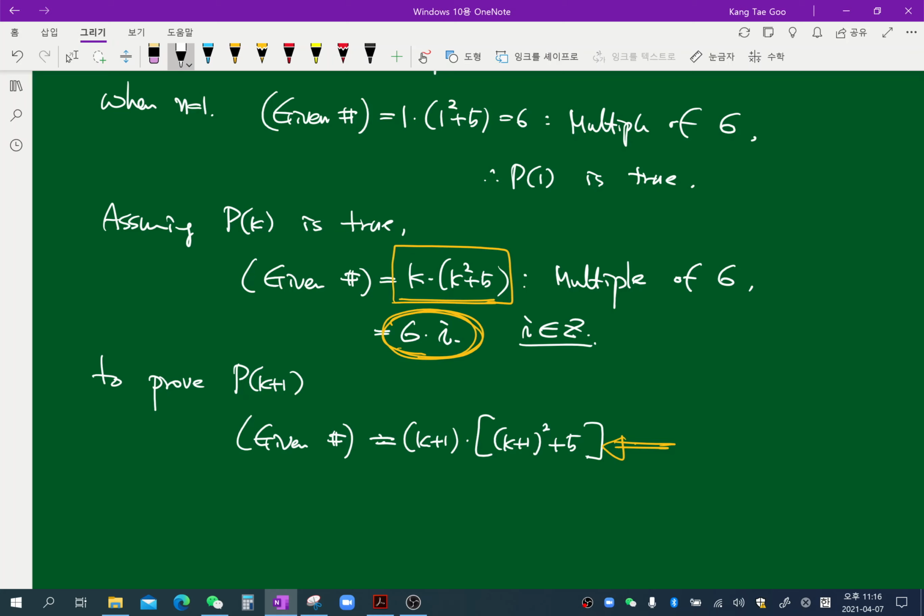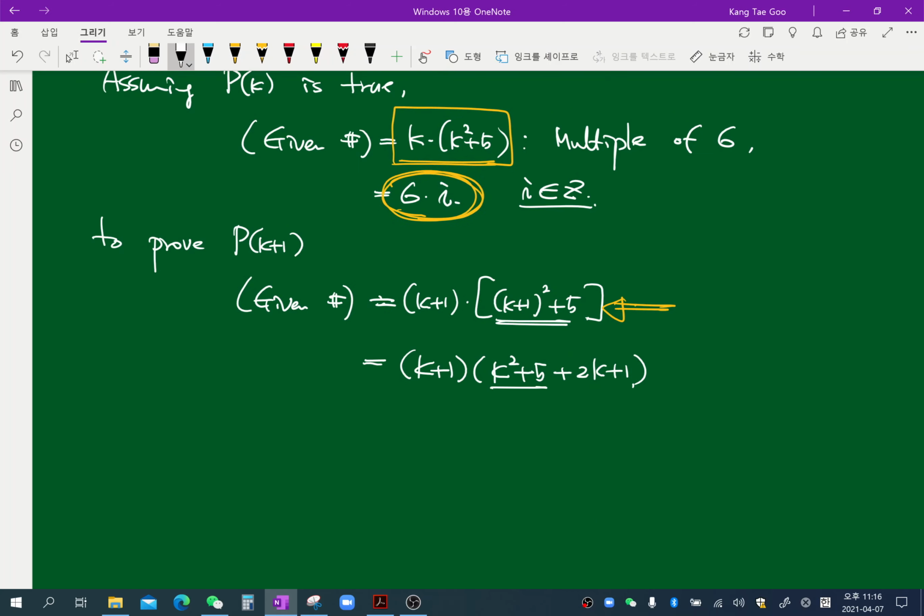How do we do this? We expand k plus 1 squared to k squared plus 2k plus 1, right? Then together with k times k squared plus 5, all the rest goes like this, plus 2k squared plus k, plus 1 times everything.